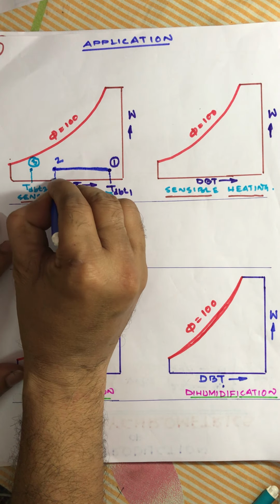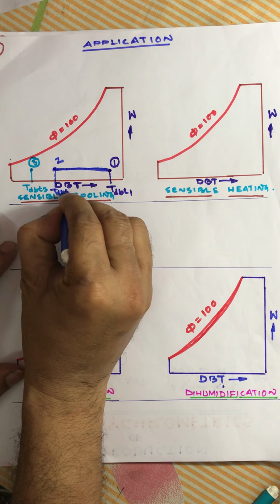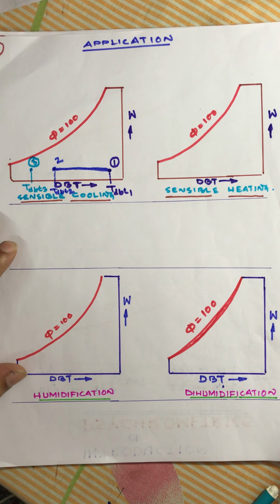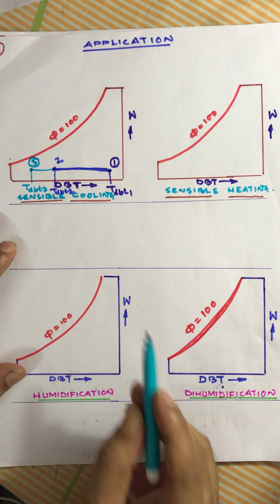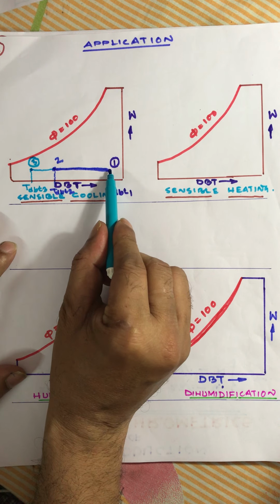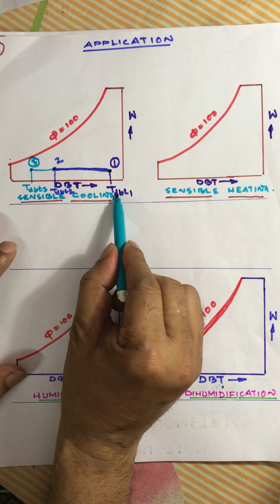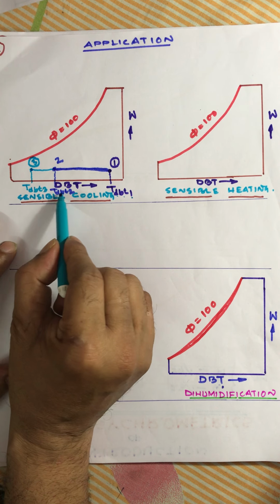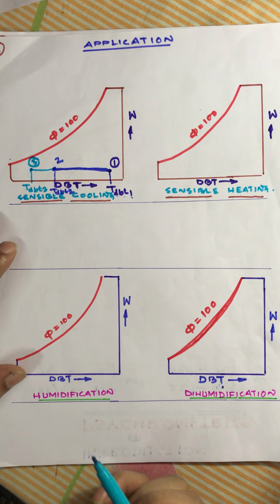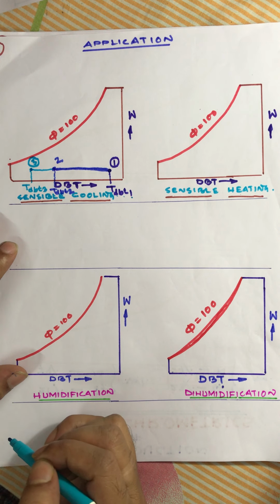So, this is dry bulb temperature 2, clear. And so, room air will cool down from dry bulb temperature 1 to dry bulb temperature 2, due to what? Due to this cooling coil.